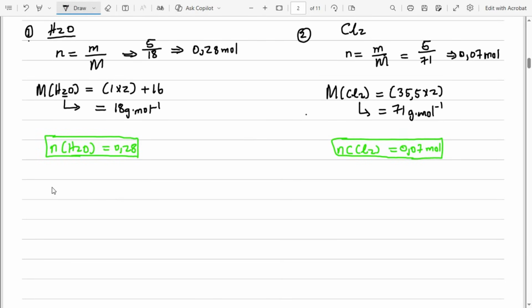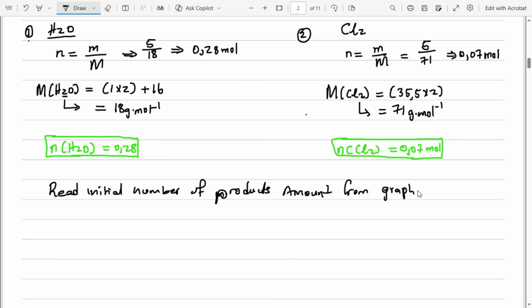I'm going to call this the initial number of moles, the product amount from the graph. So when we do that, we find that the number of moles for HCl was 1.0, and the number of moles for oxygen was 0.3.